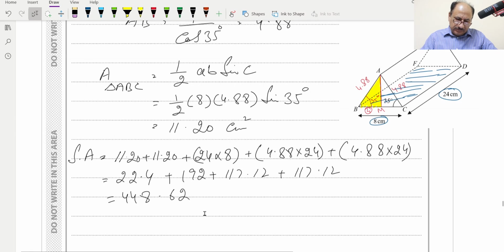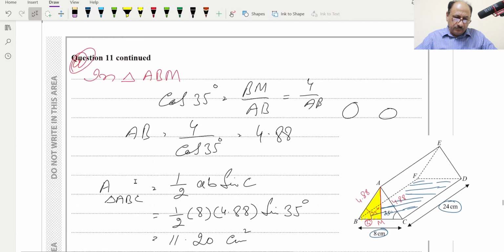So in three significant figures we can write 449. This will be centimeters squared. This is done. Now we can move to the B part.